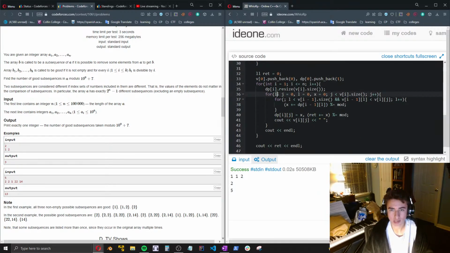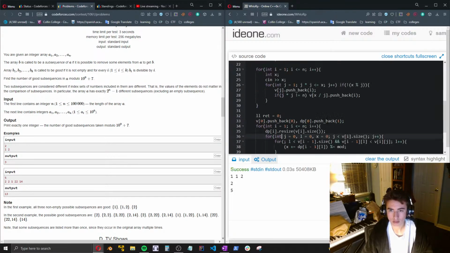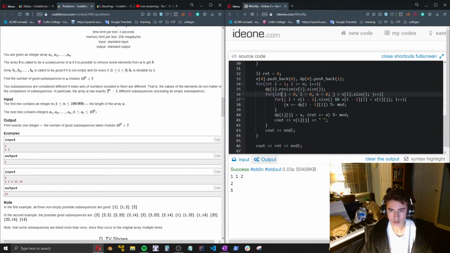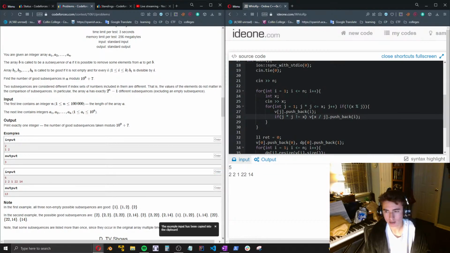Also, this doesn't need to be one. Why is one being printed twice? That is not very ideal. Not equal to x. Why did I put n here all the time? And this one should be 15.